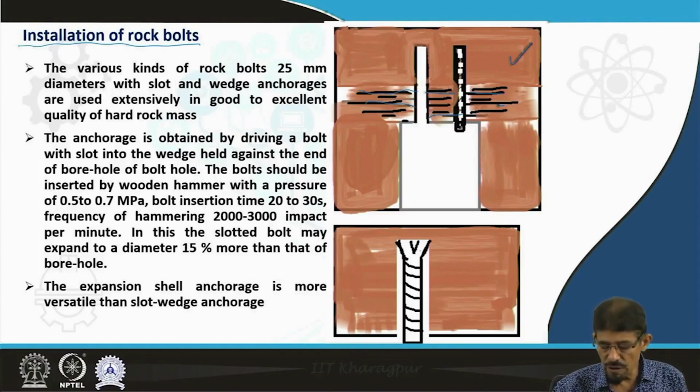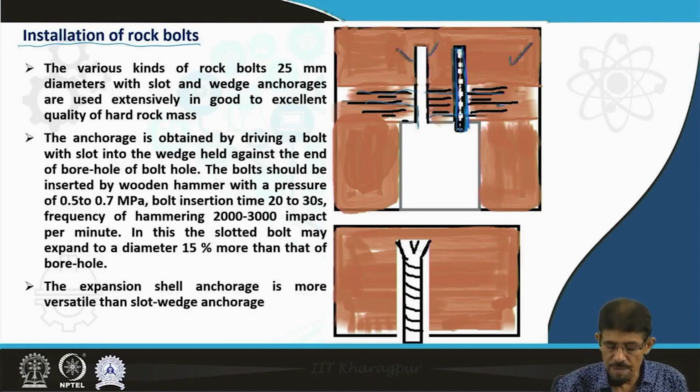Then we are going to insert the rock bolt with the help of a wooden hammer. The diameter of the bolt is slightly less than the diameter of the hole, so that this type of bolt can easily be inserted inside the created hole.